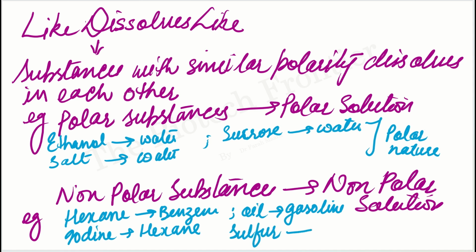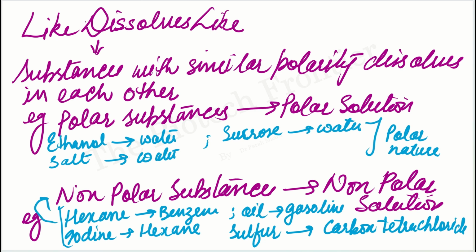You can readily dissolve sulfur into carbon tetrachloride. Hexane, benzene, iodine, sulfur, carbon tetrachloride, oils, gasoline, all are non-polar compounds or substances.